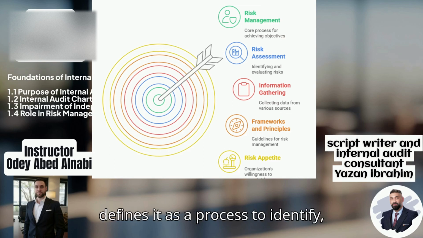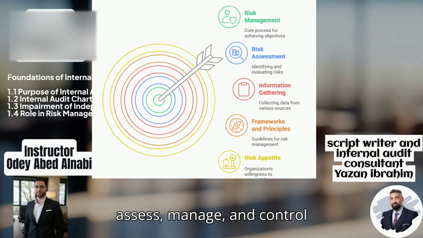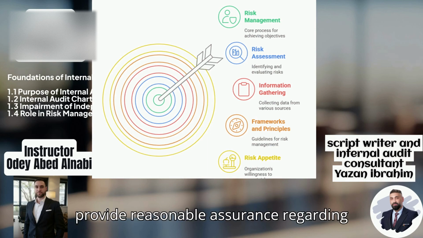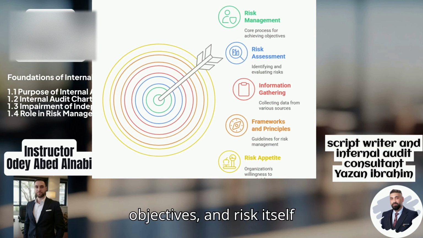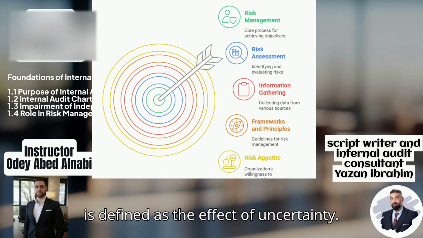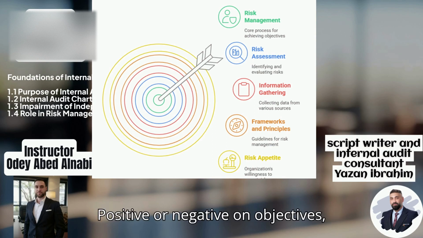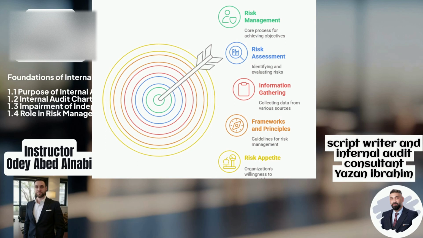The IIA defines it as a process to identify, assess, manage, and control potential events or situations to provide reasonable assurance regarding the achievement of the organization's objectives. And risk itself is defined as the effect of uncertainty, positive or negative, on objectives.